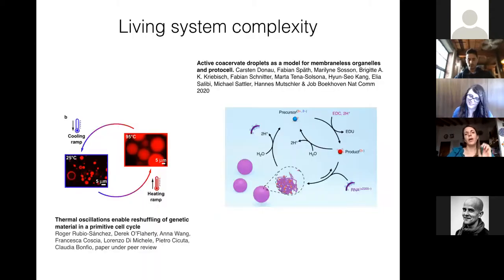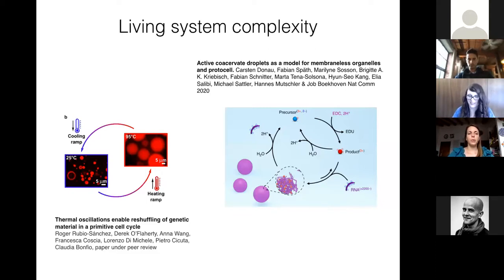At the origin of life, however, we had many other different elements that were increasing the system complexity, such as thermal variation or other substances like nucleic acids or coacervates.